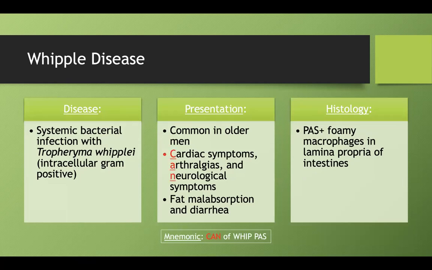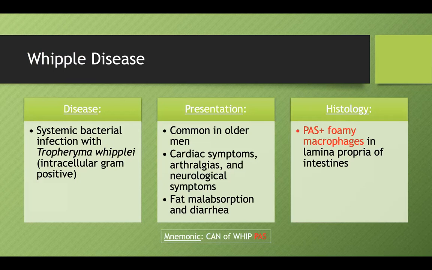You have the can, talking about cardiac symptoms, arthralgias, and neurologic symptoms. Because you're sitting on the can a lot, you'll have diarrhea as well. The whip will remind you of Whipple's disease, and the PAS will remind you of the periodic acid Schiff positive foamy macrophages.